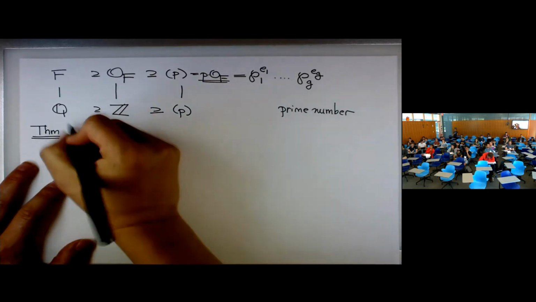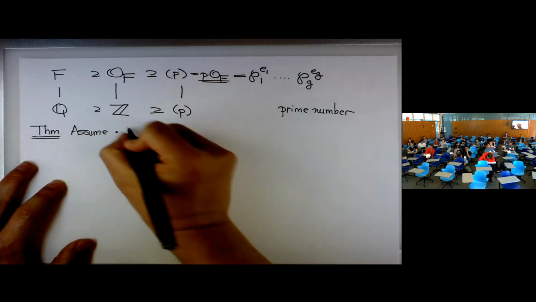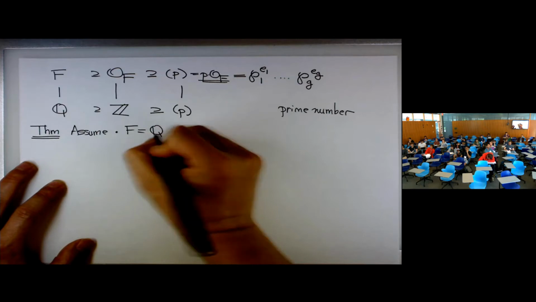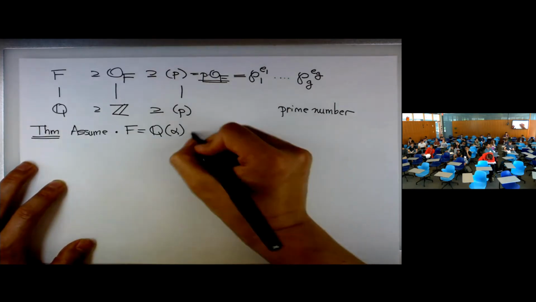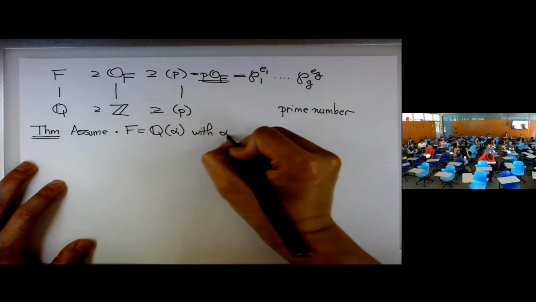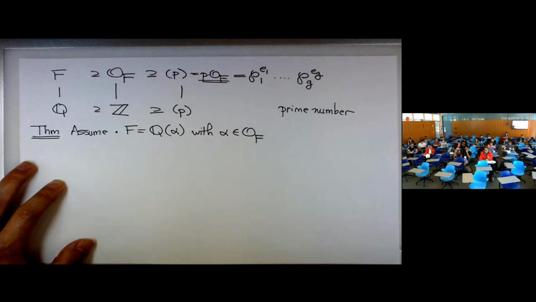So assume that my number field is generated by one element. For most cases, I'm going to take my alpha, which is also an algebraic integer. Just for example, in my case, I can take root of negative 39.